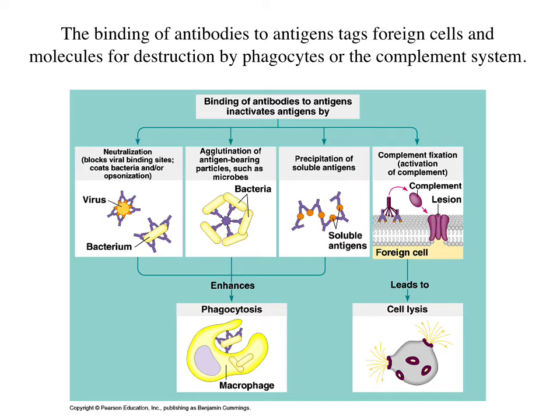When we look at neutralization, agglutination, and precipitation, they all enhance phagocytosis, so the removal of the pathogen through macrophages, scavenger cells. But complement fixation, that causes cell lysis. And again, remember, we've talked about complement before, but let's look at the complement pathway as part of the adaptive immune response.